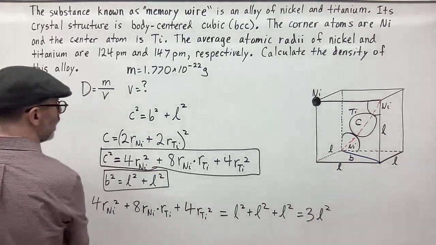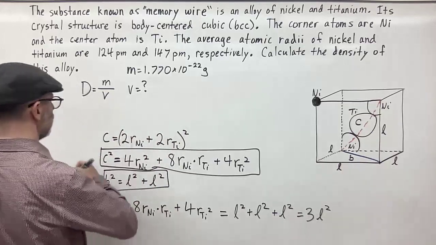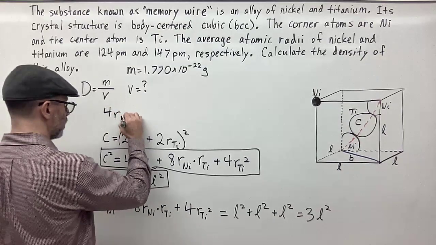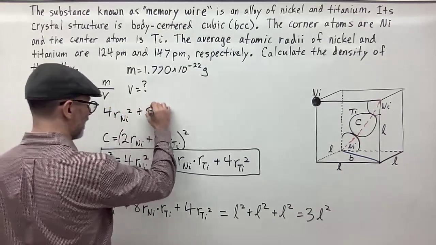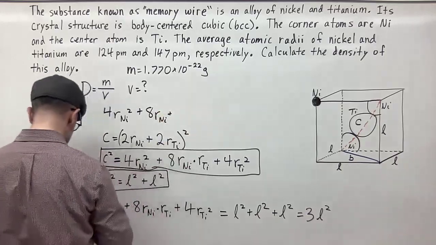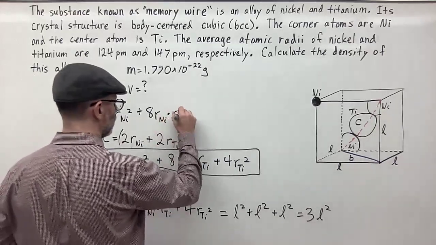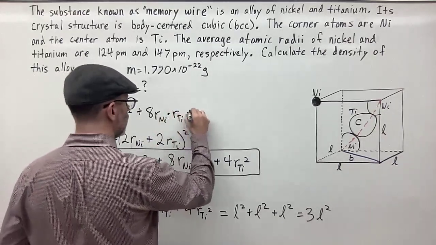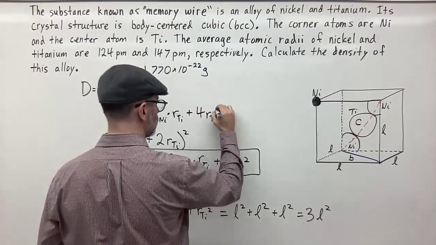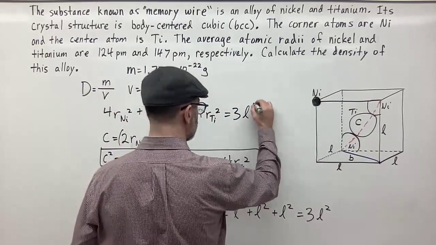So basically what we end up with, let me erase this, I'll rewrite it up here, we're going to have 4 radius of the nickel squared plus 8 times the radius of the nickel times radius of the titanium plus 4 times radius of the titanium squared, and that's equal to 3L squared.